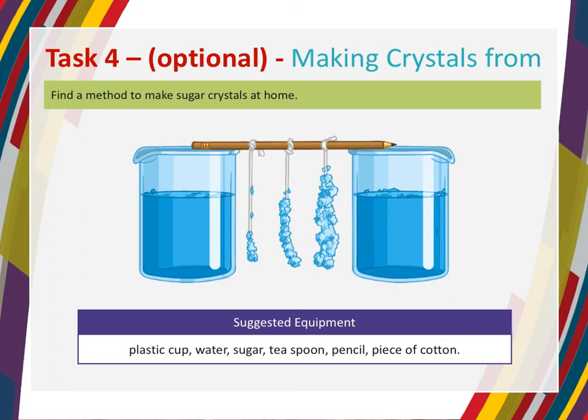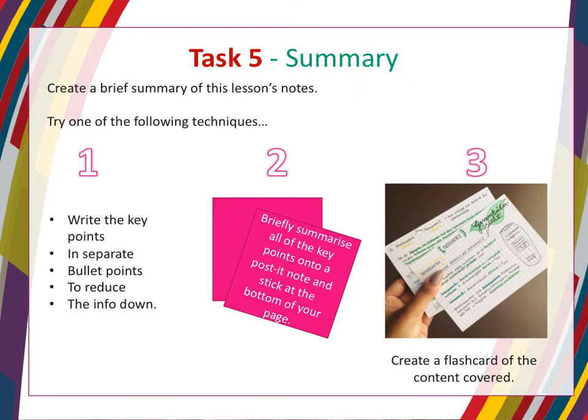If you've got any kind of food colouring, that will help you to make different coloured crystals as well. So down at the bottom, some suggested equipment: plastic cup, water, sugar, a teaspoon, pencil, and a piece of cotton, some kind of fibre that can soak up the solution. So there we go. That's a nice little optional practical if you've got time and the equipment.